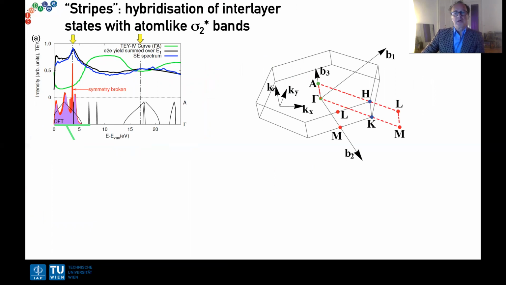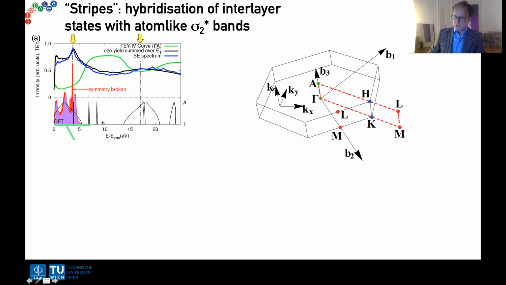In order to study that question, we have performed density functional theory calculations for the crystal as it is shown here. So the most important crystalline direction that we are concerned with is the gamma A direction, which is parallel to the C-axis in real space, which is exactly the direction of the surface normal in our experiment.